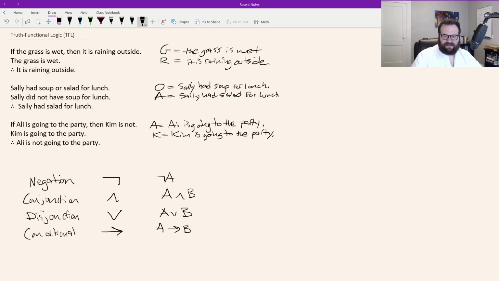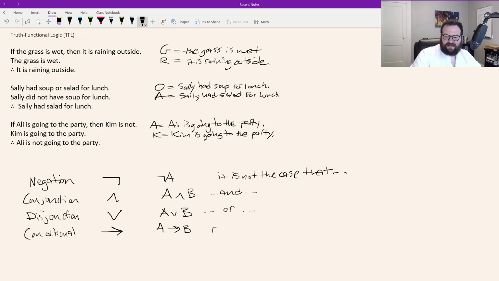If A, then B. Right, so in English, negation is it is not the case that. Conjunction reads and. Disjunction reads or.